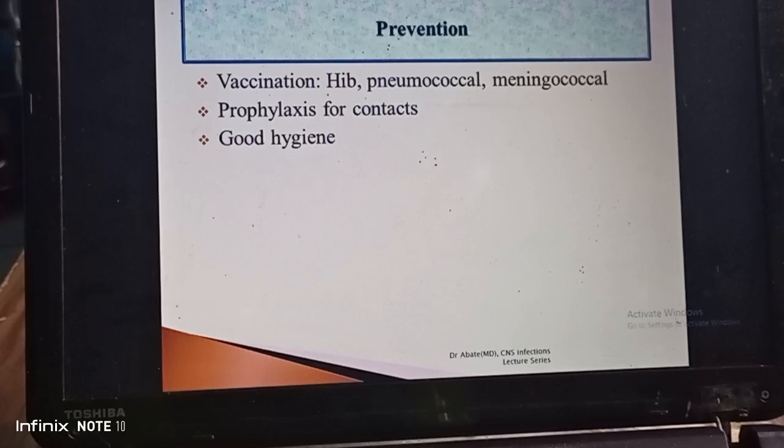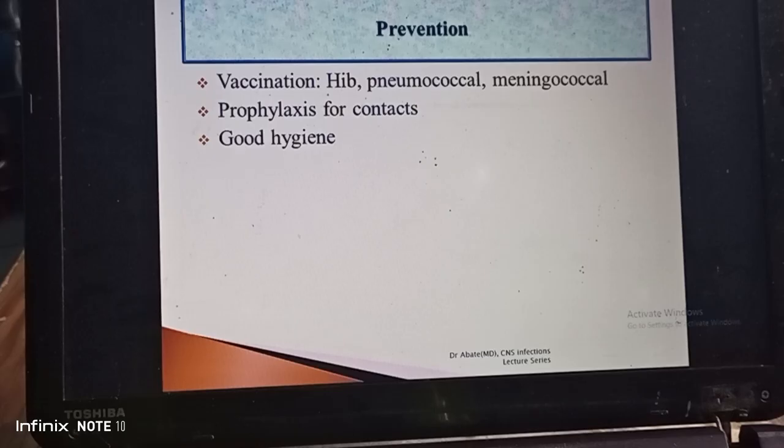Let's see the prevention. When you say prevention, vaccination is very important. There is vaccination for Haemophilus influenzae, pneumococcal vaccination, and meningococcal vaccination. Sometimes prophylaxis may be needed, especially in a setup where there is meningococcal infection. If you suspect a meningococcemia epidemic, you have to give prophylaxis to contacts, the contact family members, and sometimes even the healthcare professionals should take prophylaxis for meningococcal infection.